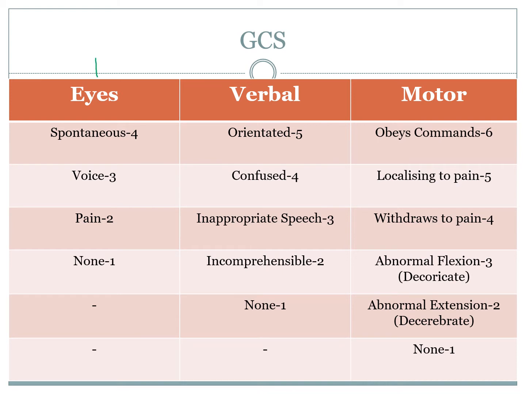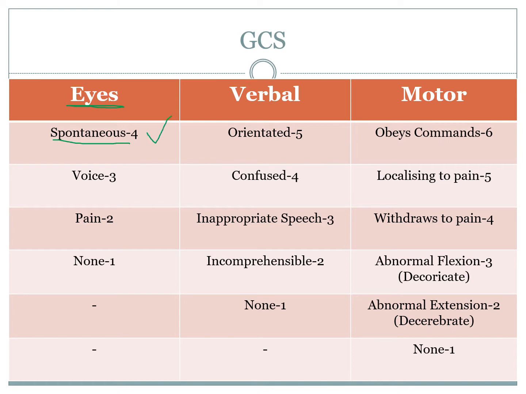It's got to do with eyes, verbal, and motor response. Now, eyes you'd think are pretty easy to understand, but generally around the voice and spontaneous region, people tend to get a little bit confused. When it says someone's eyes open spontaneously, it means they're either opened, or with minimal stimulus they stay open.